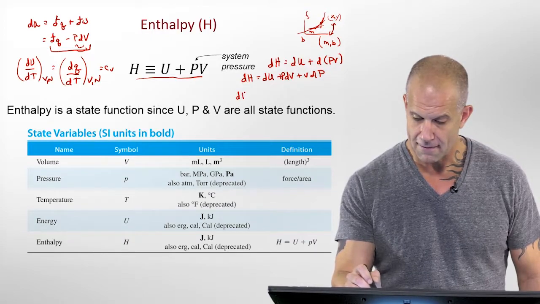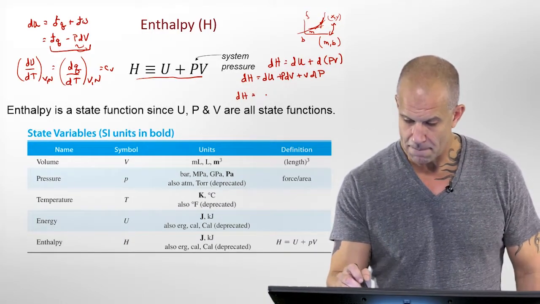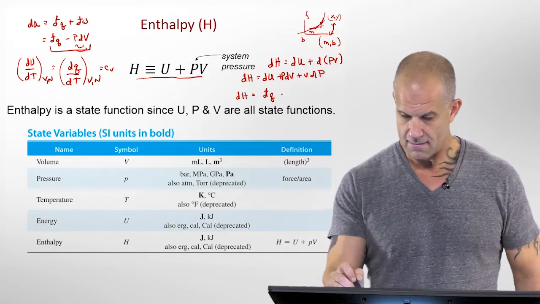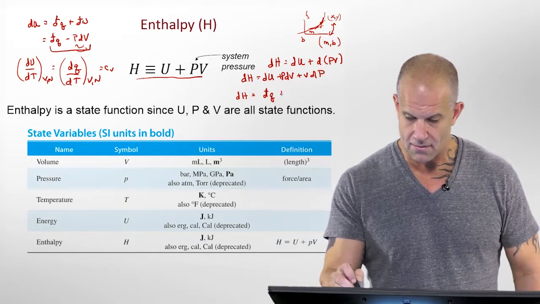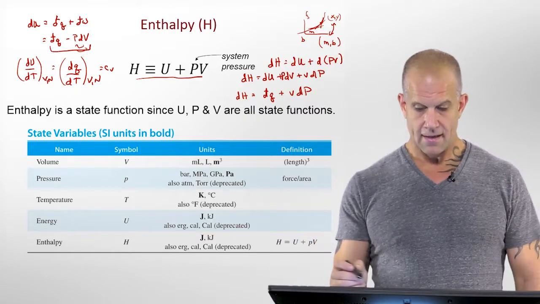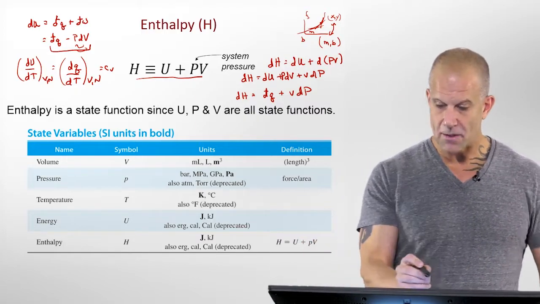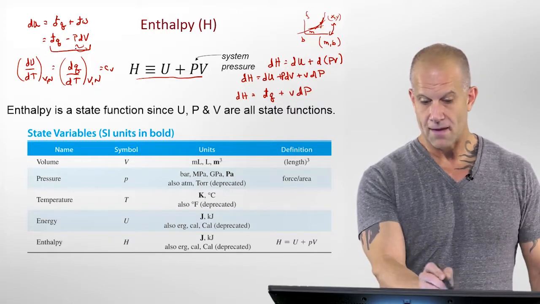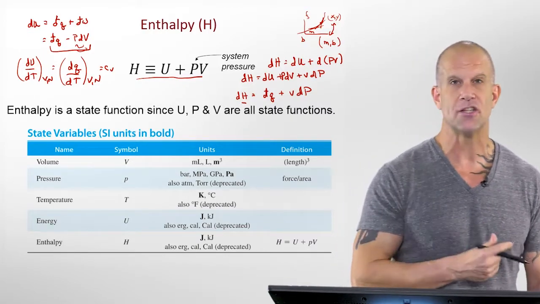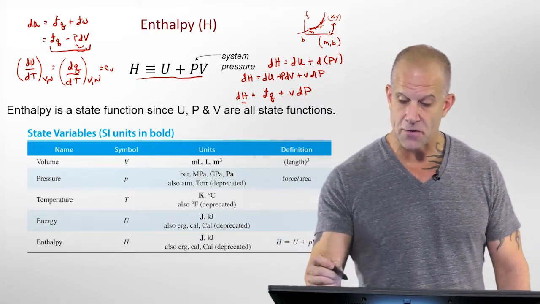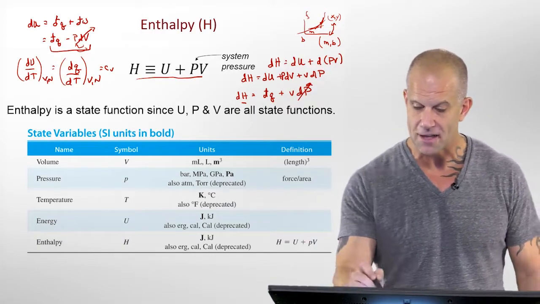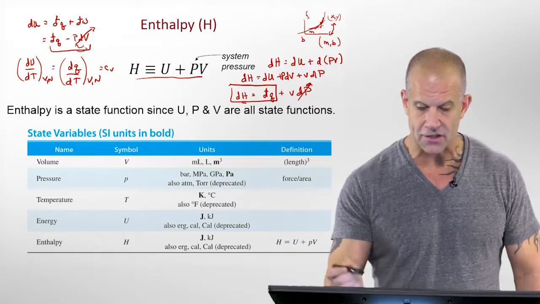So this will mean that this is, and then that'll go away, so plus VdP. So in a sense, we get an equivalent to the first law, but instead of it being the change in internal energy, it's the change in enthalpy. And if we do it under constant pressure conditions, just like here, if we did it under constant volume conditions, then the enthalpy is just the change in heat.